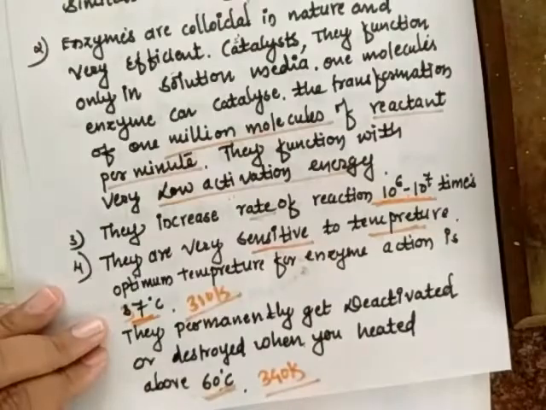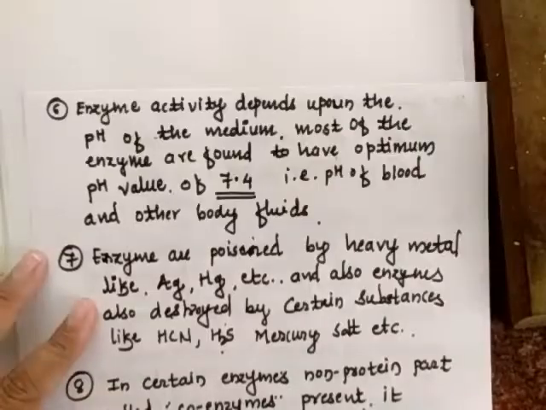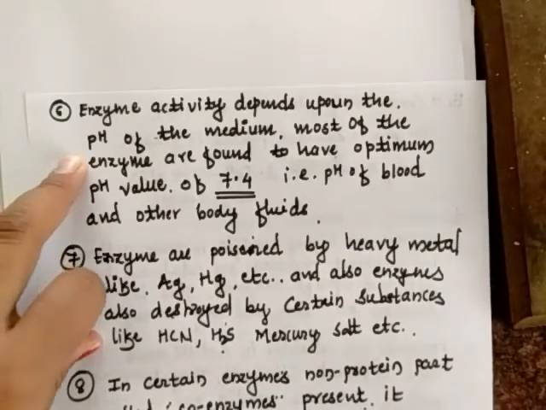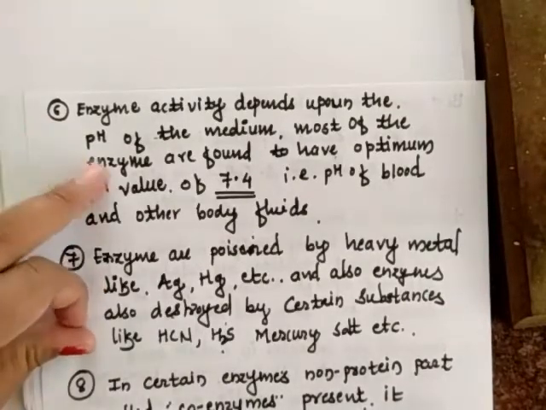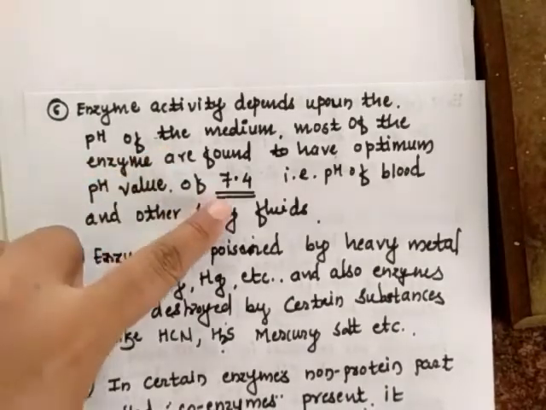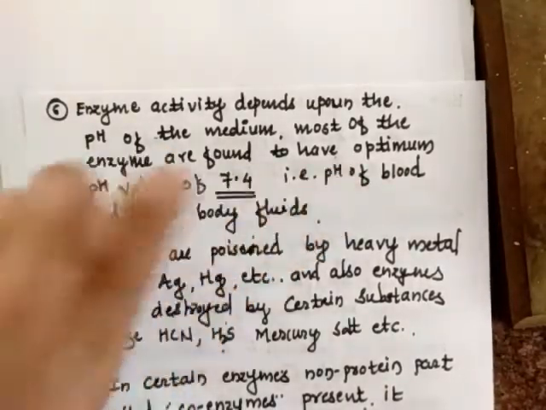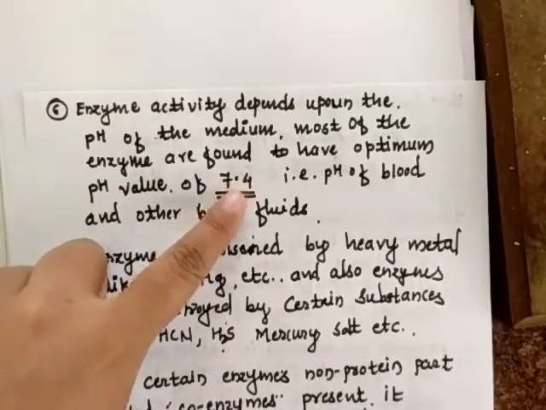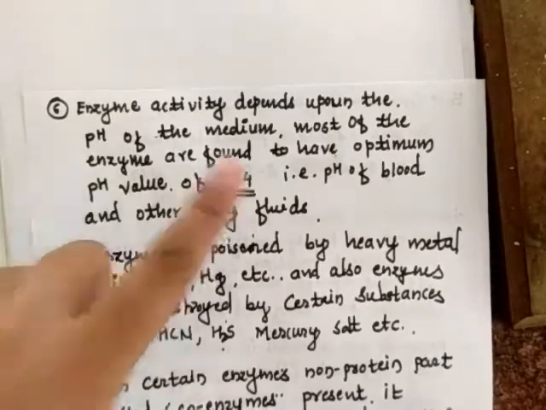Sixth, enzyme activity depends upon the pH range. Most enzymes have an optimum pH value of about 7.4, which is the pH of blood and other body fluids. They are active only around this 7.4 pH.